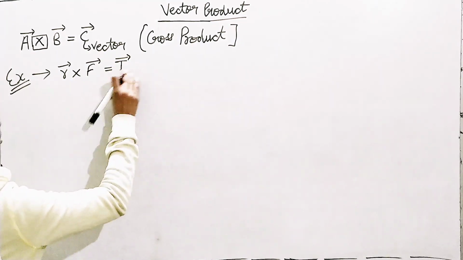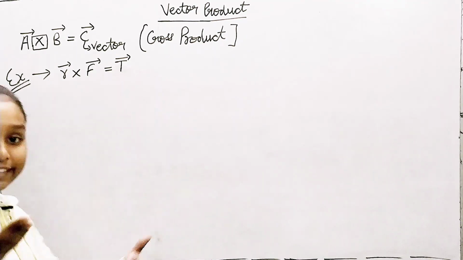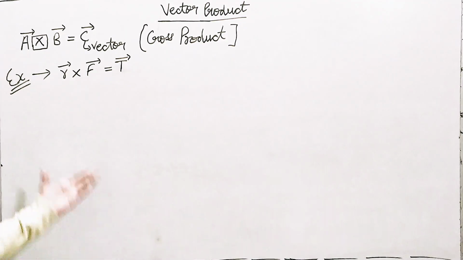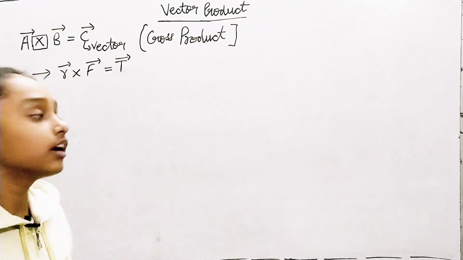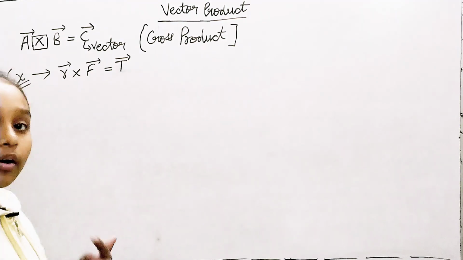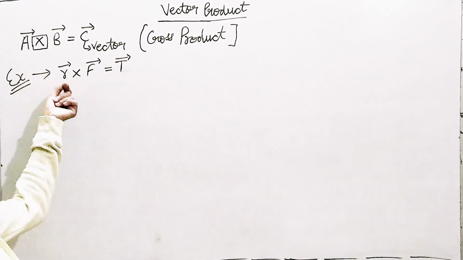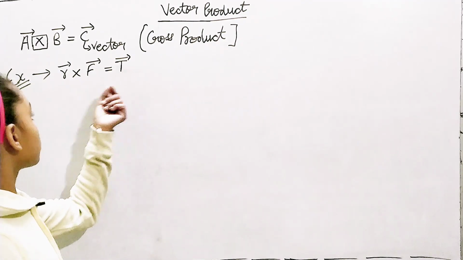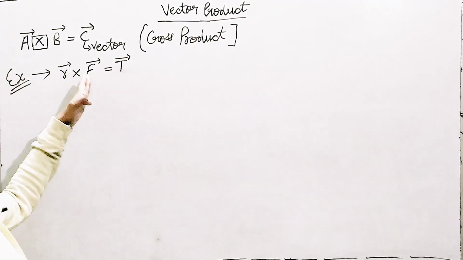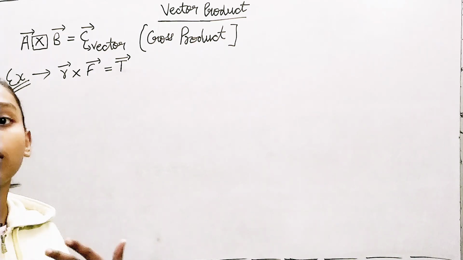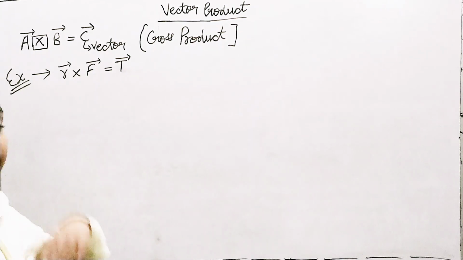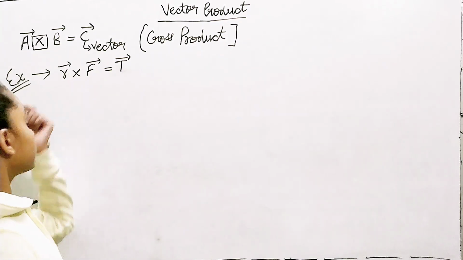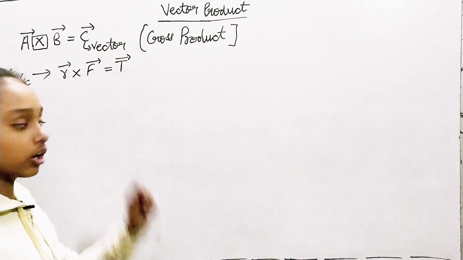R vector we usually call displacement, so displacement into force. When we do the cross of displacement and force, we get torque.